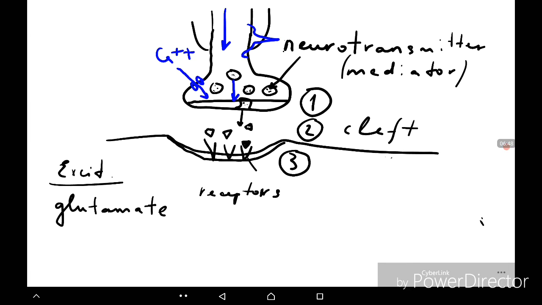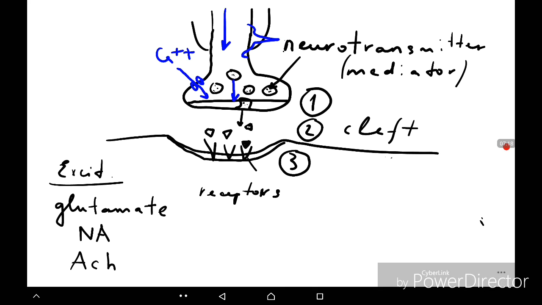But also the well-known excitatory transmitters are norepinephrine, or it is called noradrenaline, serotonin, dopamine. Acetylcholine may be used in the organism as an excitatory neurotransmitter.